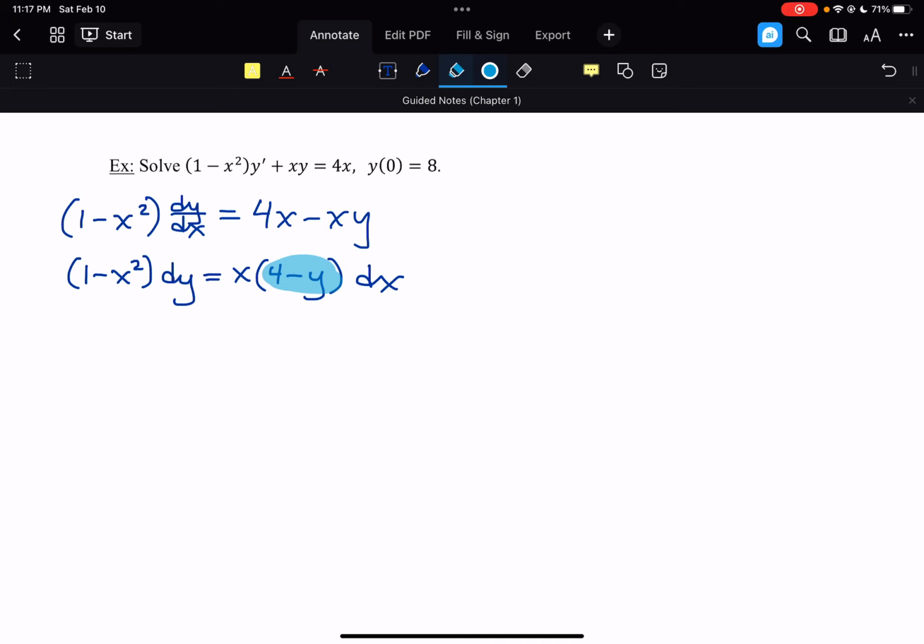So this 4 minus y term has to come over here, and this 1 minus x squared term has to come over here. So let's divide both under. So this is going to be 1 over 4 minus y dy equals x over 1 minus x squared dx.